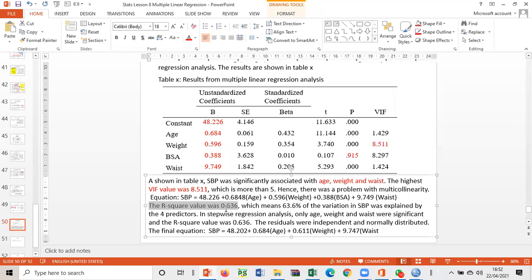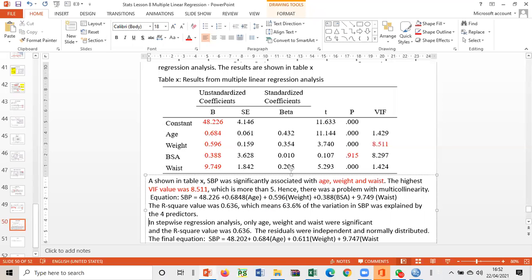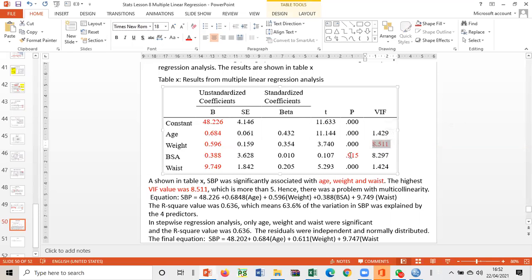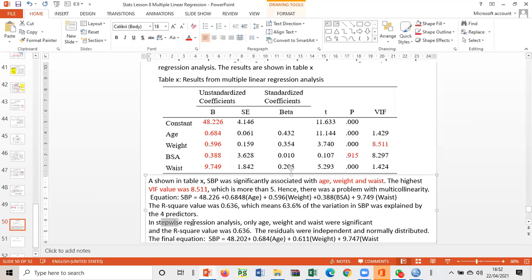R square value. I didn't put a table here, right? R square value is this, which means this, explained by the 4 predictors. Now all this until here is the enter method. But we know there's a problem here, and we know there is one variable which is not significant there. So in stepwise analysis, only age, weight, waist were significant.